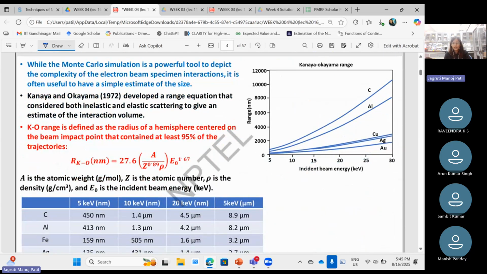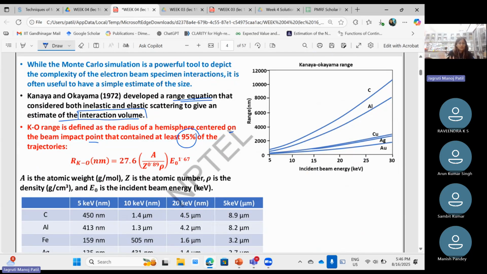But just to account for that, since our nature is now random, Kanaya and Okayama developed a range equation, and that range equation was to account for both elastic and inelastic scattering. This elastic and inelastic scattering will give you an estimate of the interaction volume. Okay, so this range is dependent on the radius of the sphere centered on the beam impact point, which contains at least 95% of the trajectories, how much it has traveled.